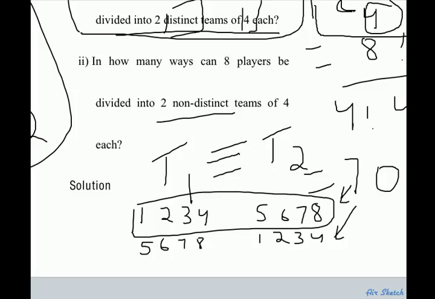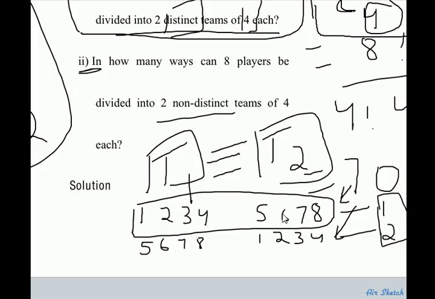Now the second part of this question is saying that this combination, let's call it combination 1, and combination 2, are the same because T1 is equal to T2. Teams are non-distinct.